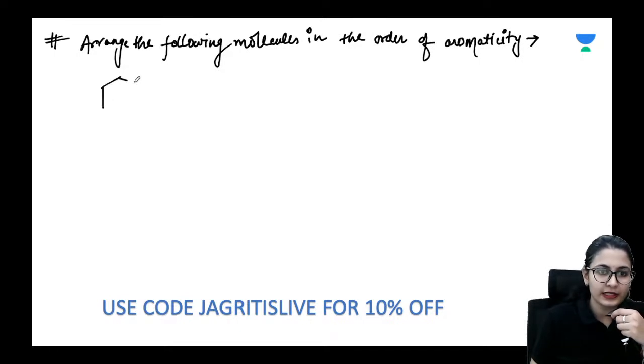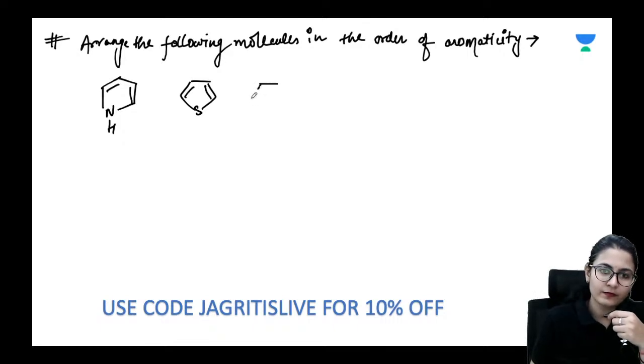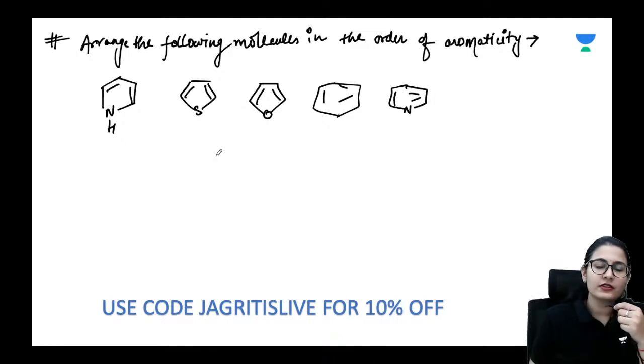You have the pyrrole system, thiophene system, furan, benzene, then you have pyridine. These are the basic systems, guys, and if you remember the values, it's going to be really great.